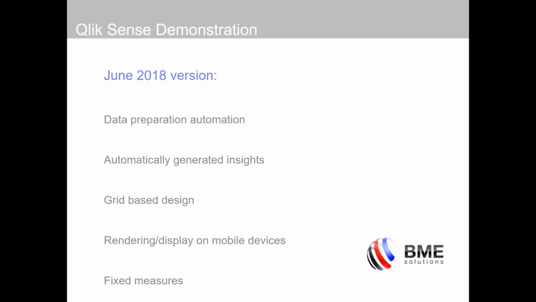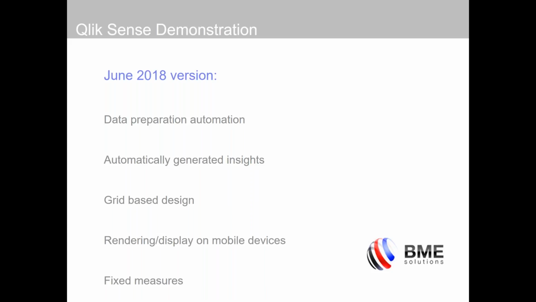So the demonstration, which I'm going to do, which I've practiced, so hopefully it'll go fine, is on the latest version of Qlik Sense. The main items I'm going to cover are the data prep, the wizards and the automation around data preparation, and something which was released quite recently in Qlik Sense, which is automated insights. So the software will actually produce charts for you automatically, based on the data set that you put in there.